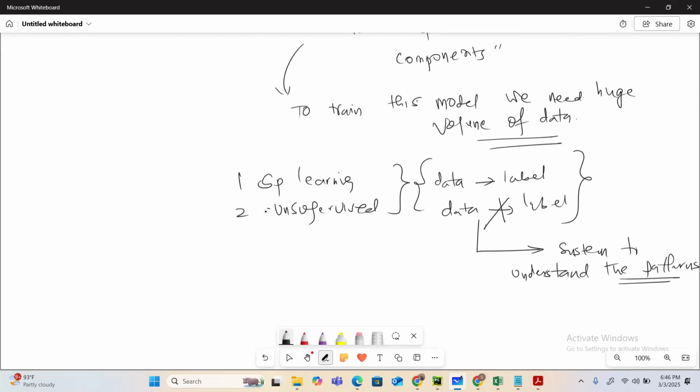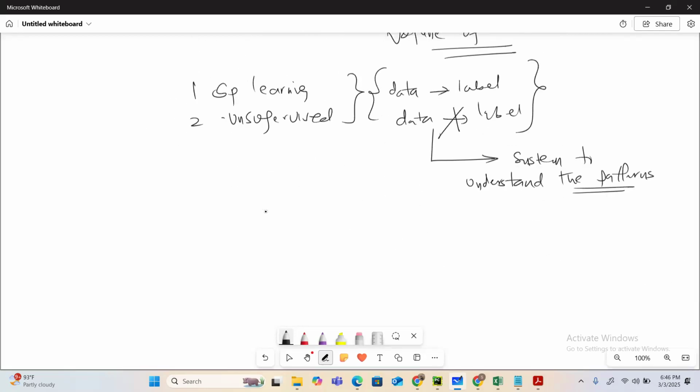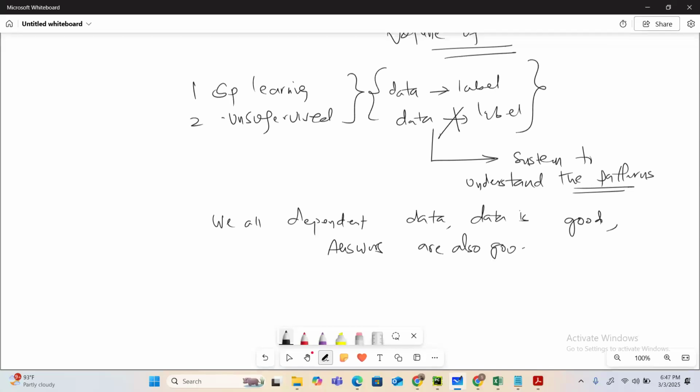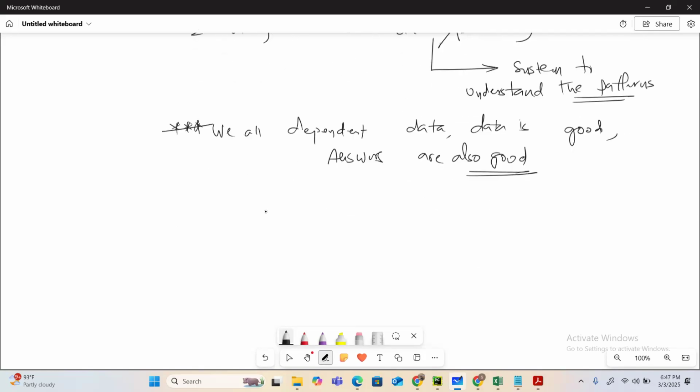So we are heavily dependent on data. If data is good, responses are good. Answers are also good. This is one of the facts.